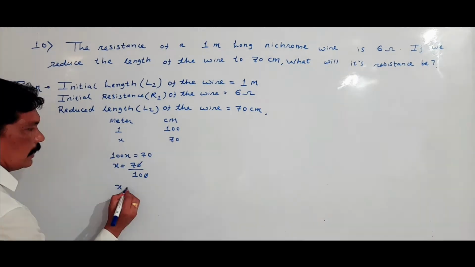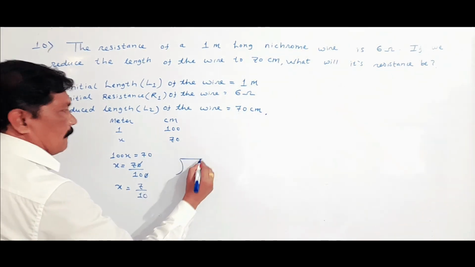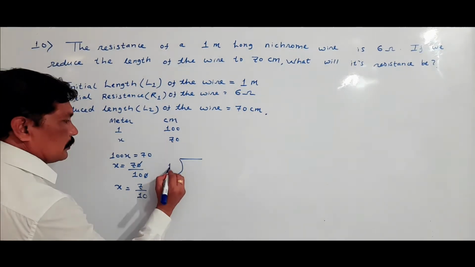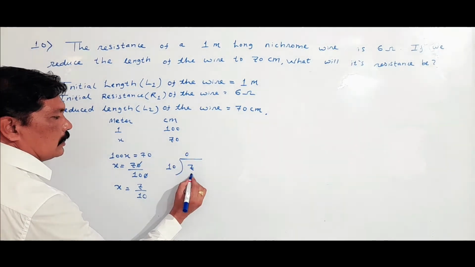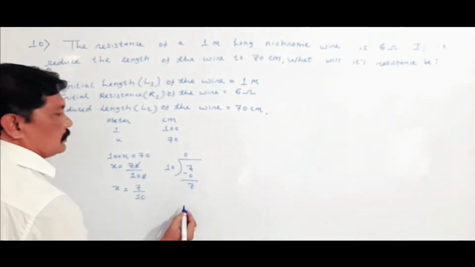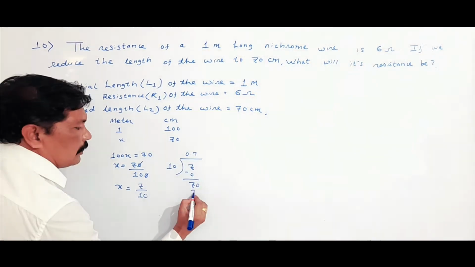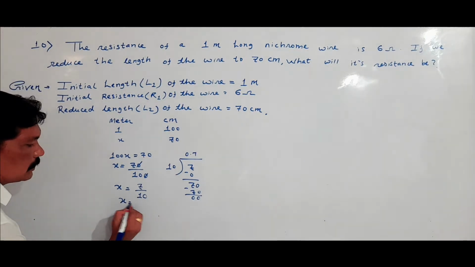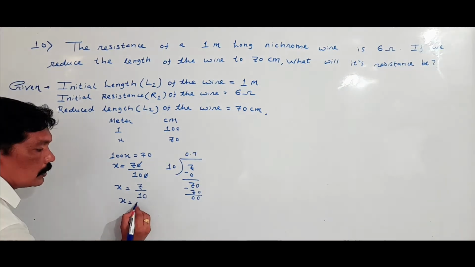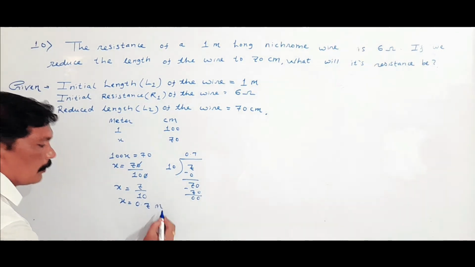X is equal to 7 by 10. So x is equal to 0.7 meter.